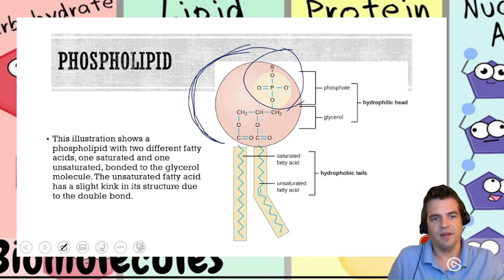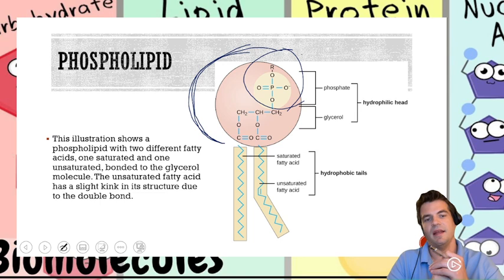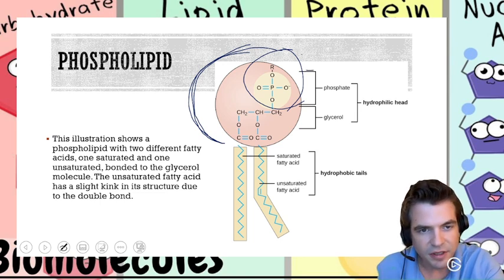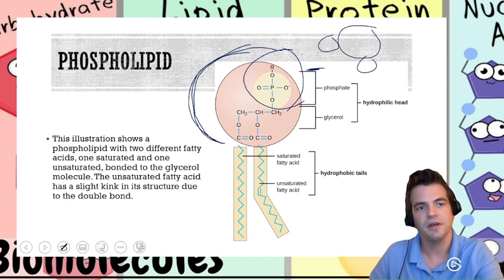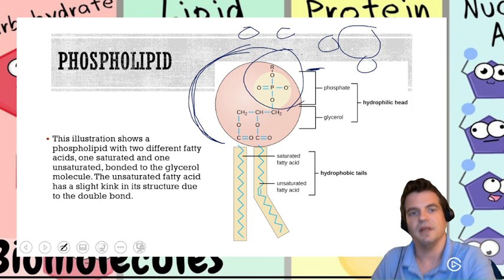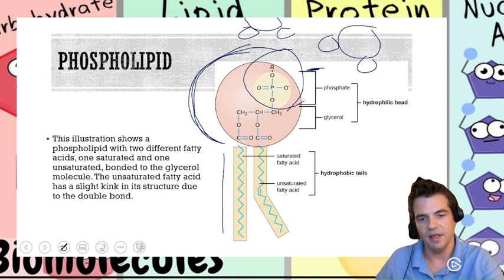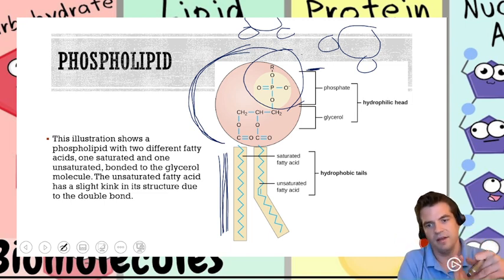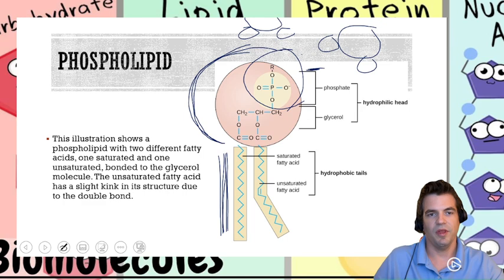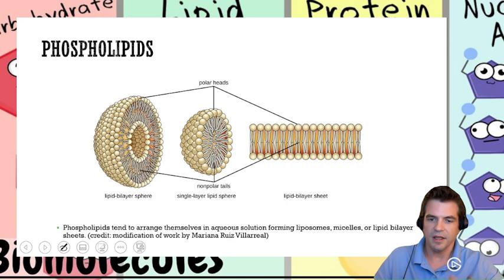That phosphate on top of the glycerol will make a hydrophilic head, and that actually has a negative charge, and so that will attract the two hydrogens on water and get the waters to face that part. Meanwhile, the long hydrophobic tails will be away from the water and try to hide from the water. And so that principle sets up what's known as encapsulation.